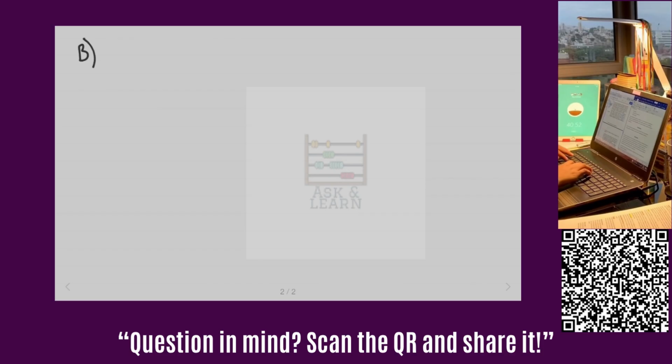Then for part B, we're given something different. We're given our energy, which is 43 kilojoules per mole. And it's important to note those units because we need to first put it in terms of joules per mole. So if we multiplied it by 1,000, we would get 43,000 joules per mole.